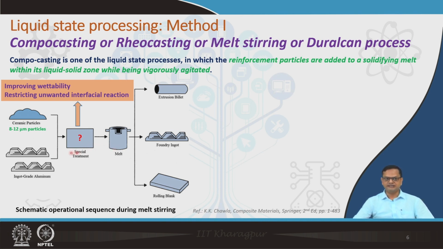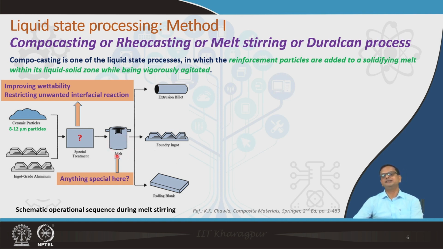So, ultimately these ingots are molten, and then these ceramic particles are added. But is there anything special done here? Obviously, the melt is continuously stirred, so that the ceramic particles get distributed evenly inside the matrix.